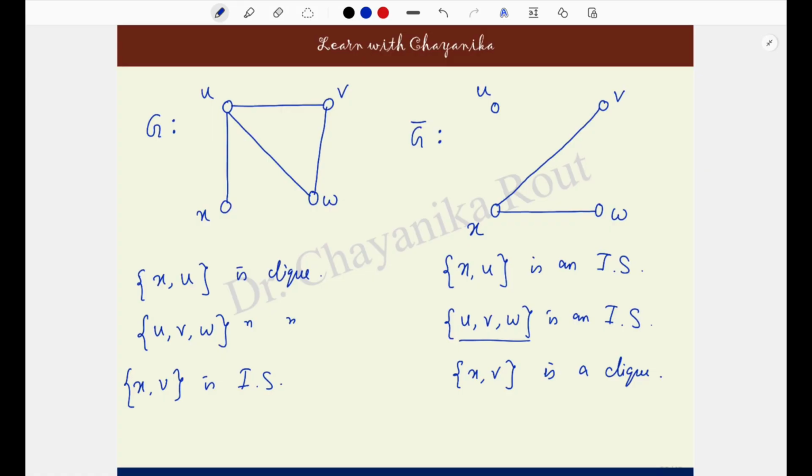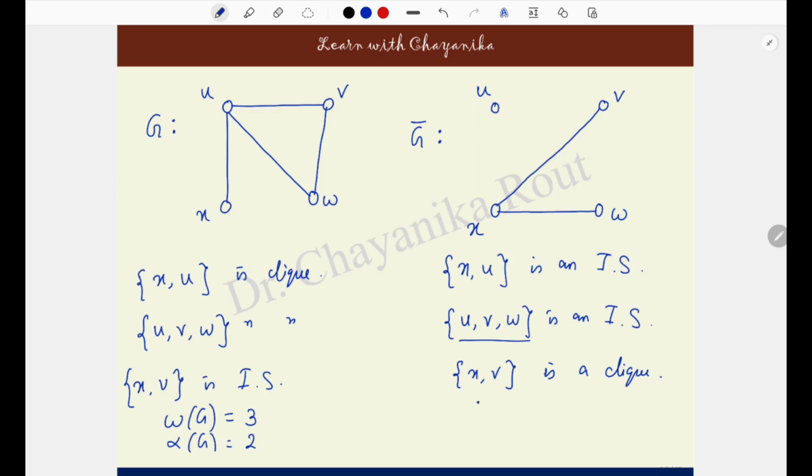Now here is one exception when we talk about the singleton independent sets. Now the singleton independent sets in the graph G, they do not form cliques in the complement. Except for those, any clique in the graph, you will find it as an independent set in the complement. Any independent set other than the singleton will be a clique in the complement. So in a similar manner, if we calculate omega G, we will find here the clique number is 3 and alpha G, the independence number is 2.